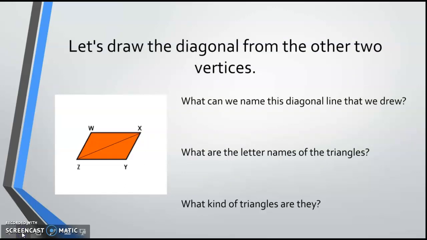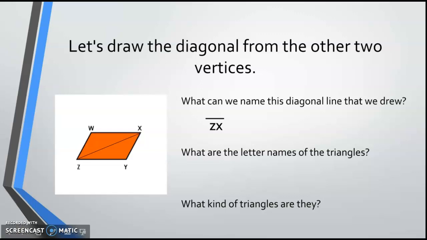Let's continue. What if I draw a diagonal from the other vertices? What if I draw a diagonal from Z to X? What would our line name be? Right, our line name would be ZX, line ZX. What are now the letter names of the triangles?